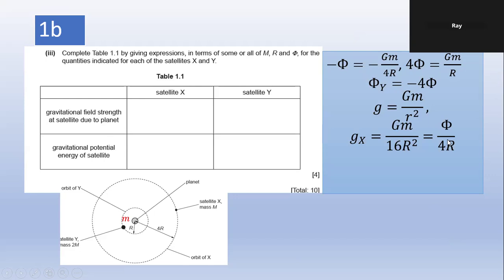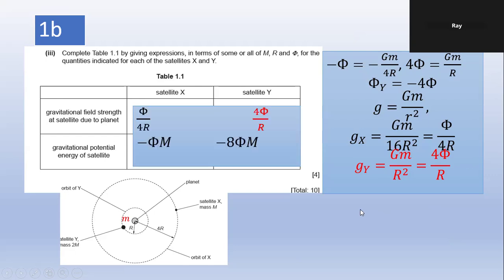GM over 4r, and there's still an r and a 4 there. Okay, GM over r is 5 over r. Fill it out. Okay. Initially, I got it wrong. But to be honest with you, I also tried to figure out this marking scheme wrong until yesterday or today, this morning. I just sorted it out.